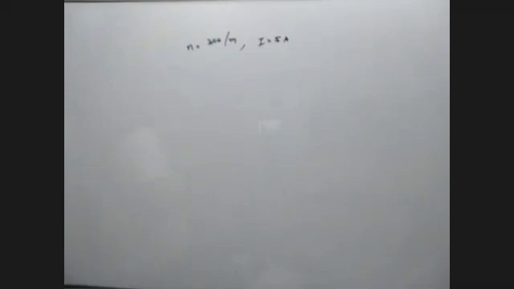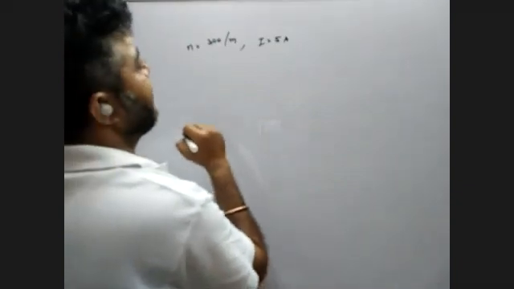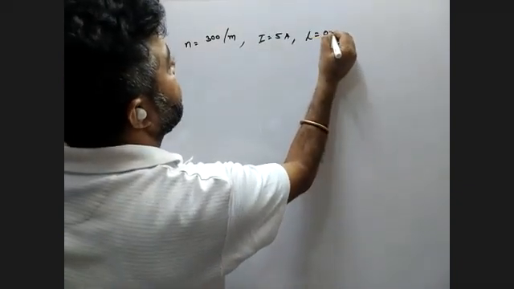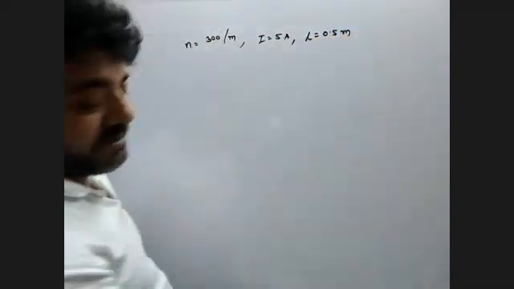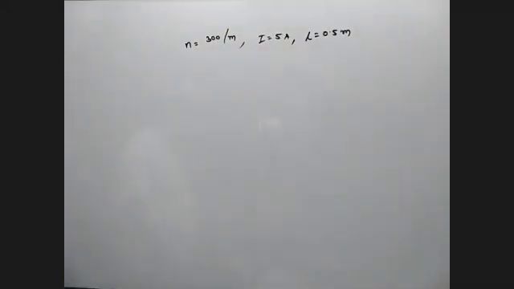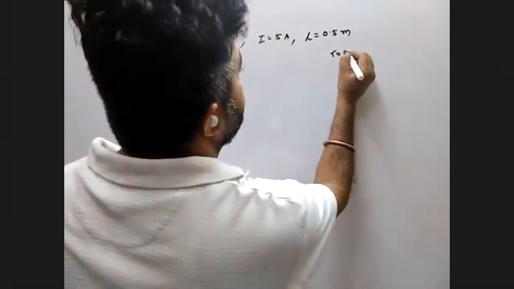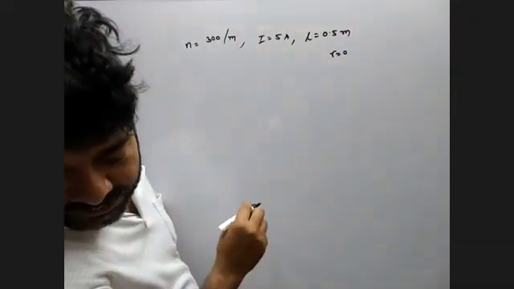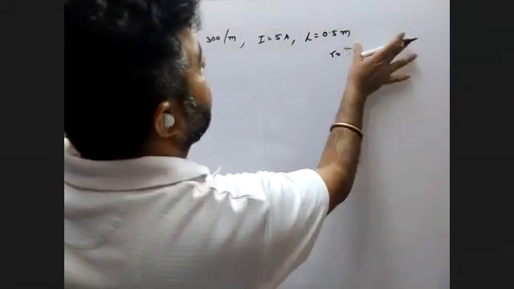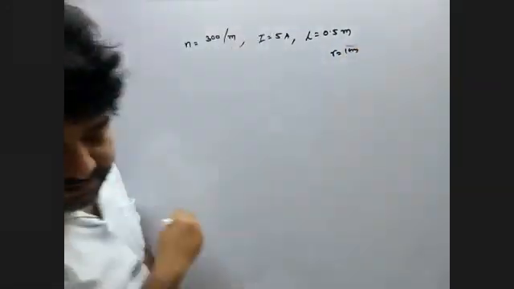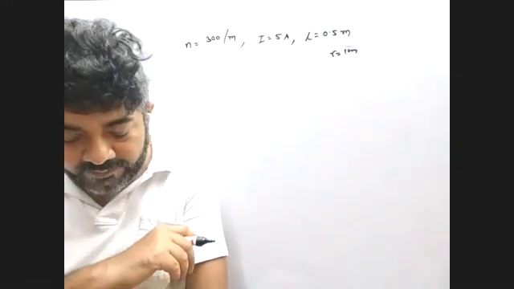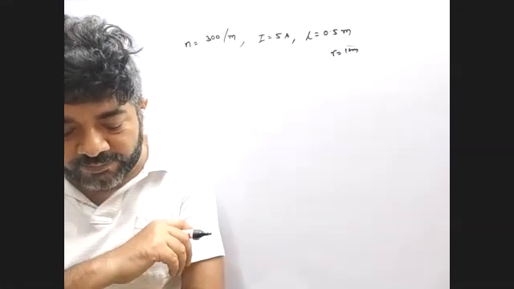The length of the solenoid is 0.5 meter, and it has a radius of 1 centimeter. Find the magnitude of the magnetic field inside the solenoid.